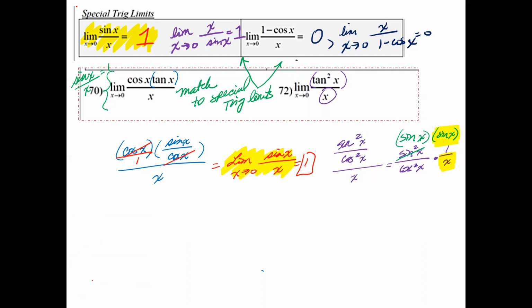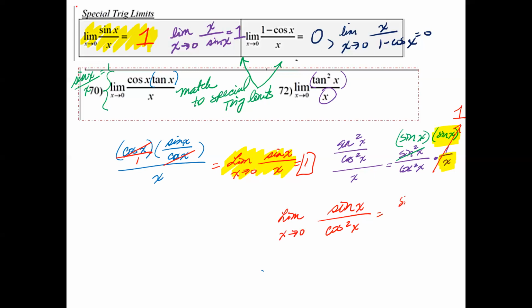So then I know that this part, as x approaches 0, is going to become a 1. So I'm just going to replace that with a 1. So then what ends up happening is I have a sine x over a cosine squared x. Let's apply the limit as x approaches 0.